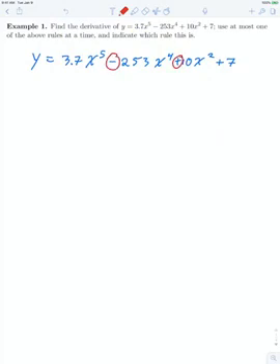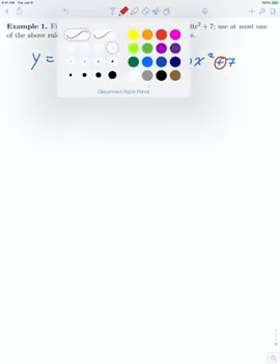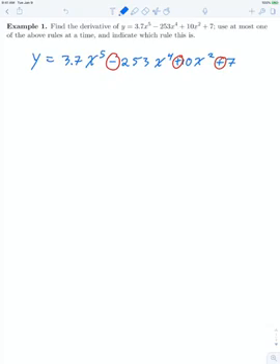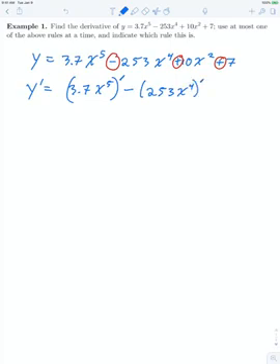And I can break this function into, I guess, 4 simpler functions by splitting it up at the plus and minus signs. And so when I take the derivative, I should have the derivative of 3.7 x to the fifth, which I haven't taken yet, minus the derivative of 253 x to the fourth, which again I haven't taken yet.